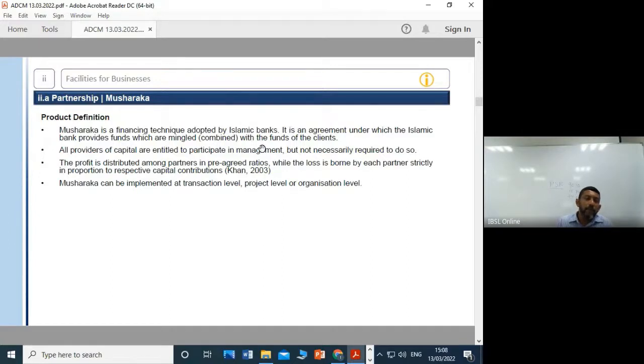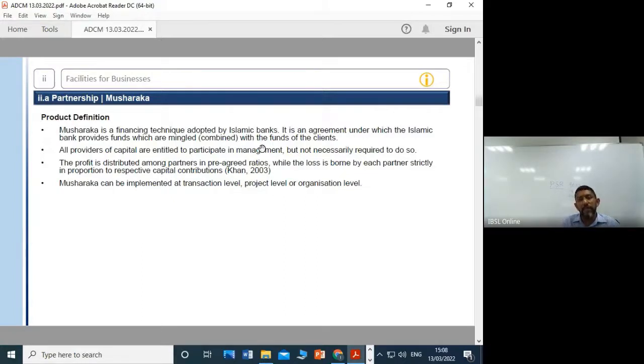A fifth point is that dissolution of partnership, or how we conclude the partnership, is normally determined as a time period. For instance, a facility for 3 months means the partnership is for 3 months. If the facility is for a transaction, it means till we sell the underlying goods.